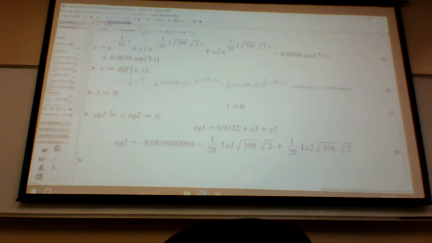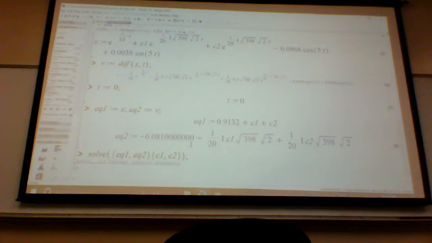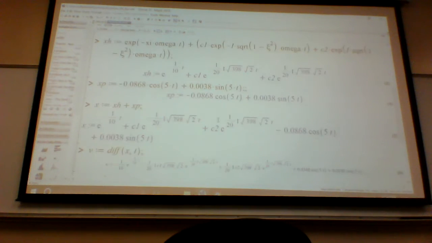Point 2. What do we do at the end? Solve those two equations for what? C1 and C2. C1, C2. The last curly brace should be a regular parenthesis. Well, I guess.